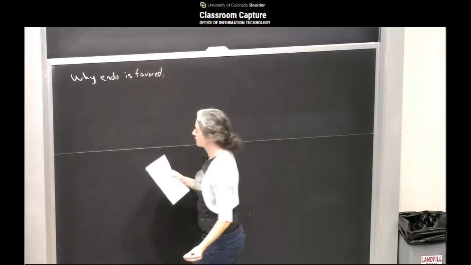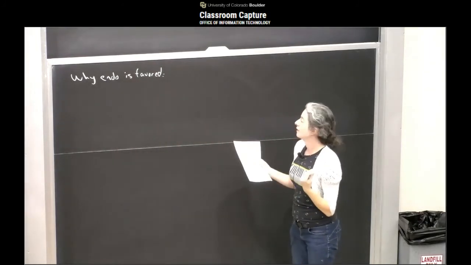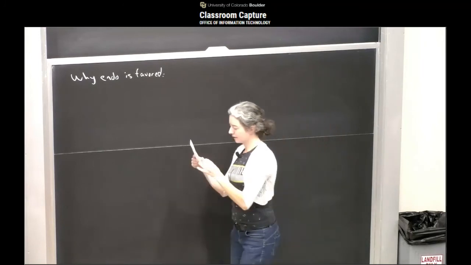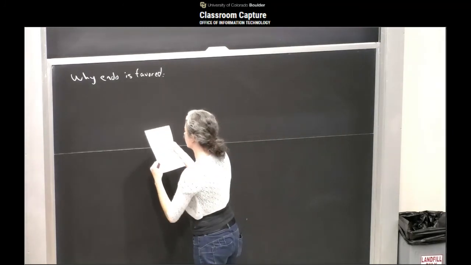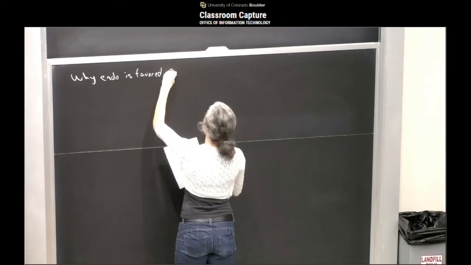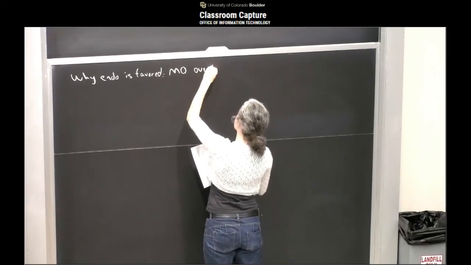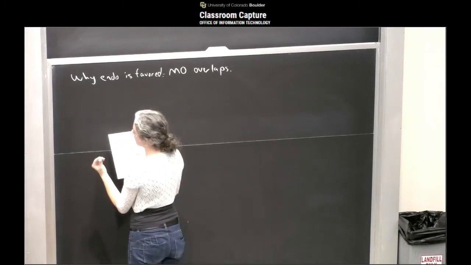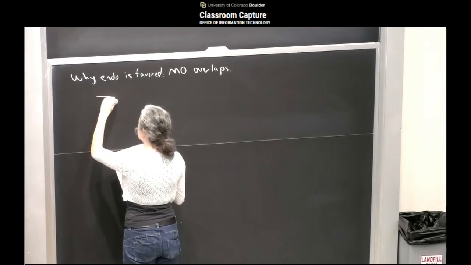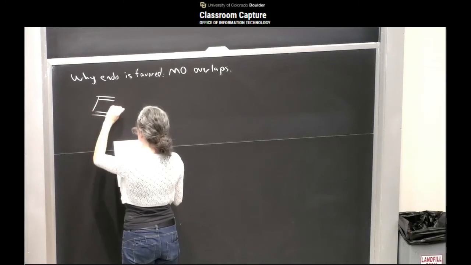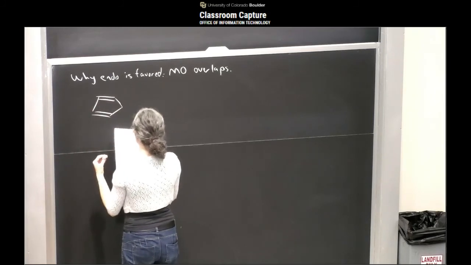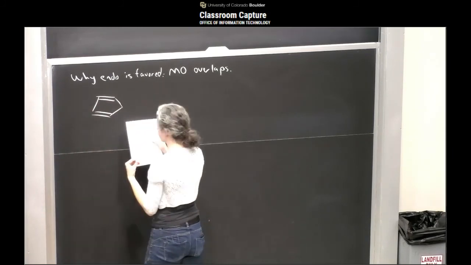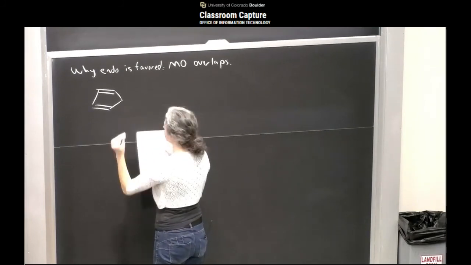So why is endo favored? It's the ghost of molecular orbital theory rearing its ugly head again. Turns out that if you have a diene, like this, I'm going to draw it as a 5-membered ring diene just because that's how I have it in the notes.